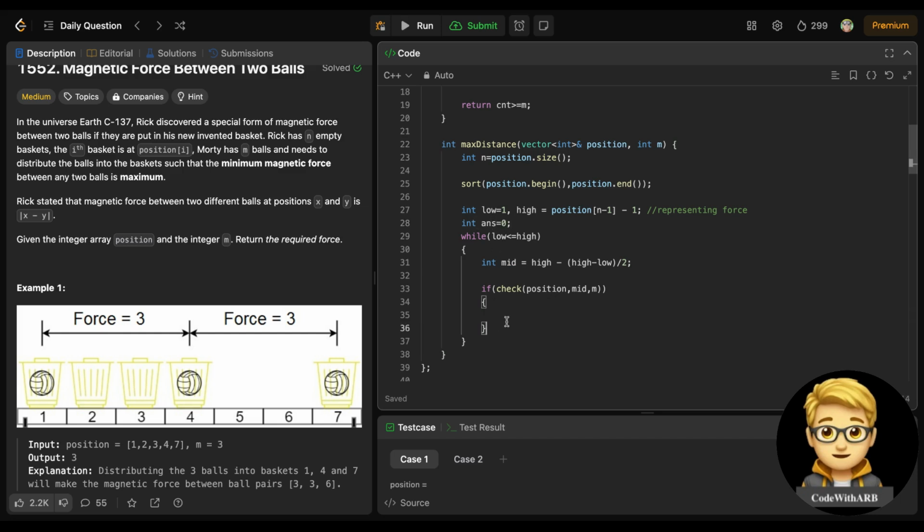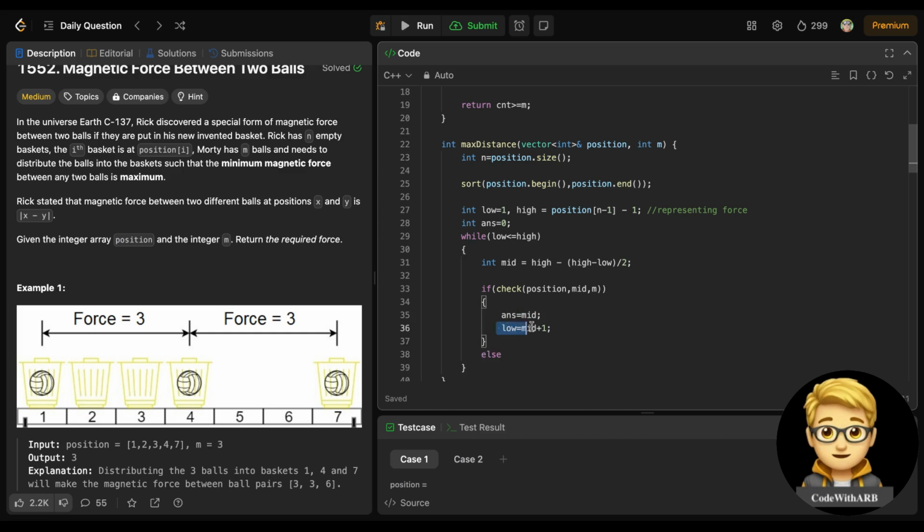So basically what we do is store it in my answer and check for higher forces, because ultimately we need to find the maximum. Previously it was high equals mid minus 1, because we wanted the minimum, but here we want the maximum value, maximum forces. So we will check for maximum forces. And we store answer as mid, because it is also possible that no answer is possible.